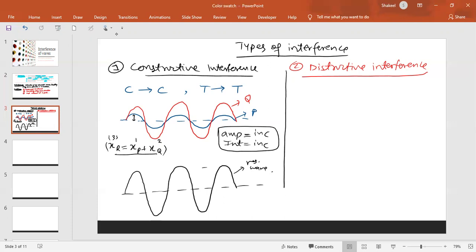For destructive interference, the crest of one wave falls on the trough of the other, or the trough of one wave falls on the crest of the other.